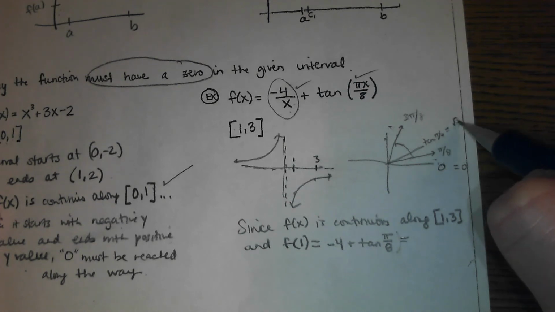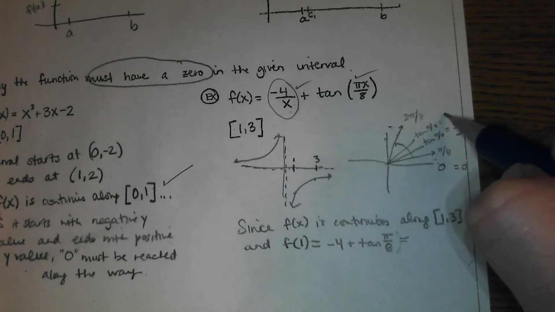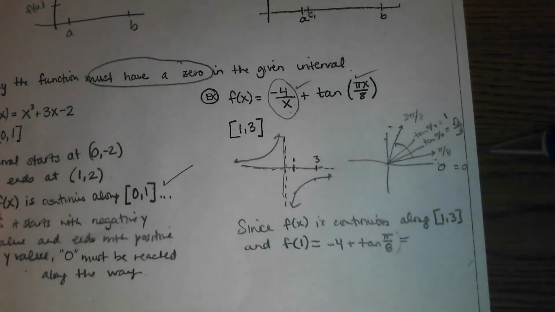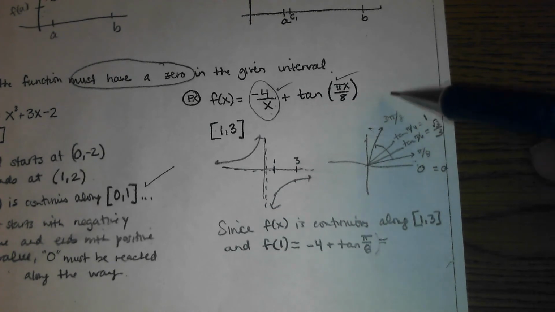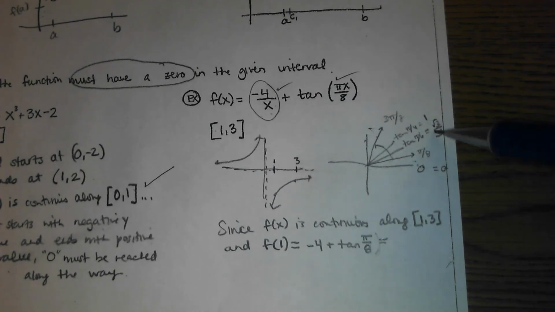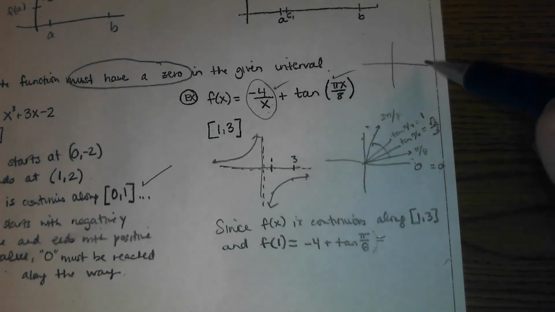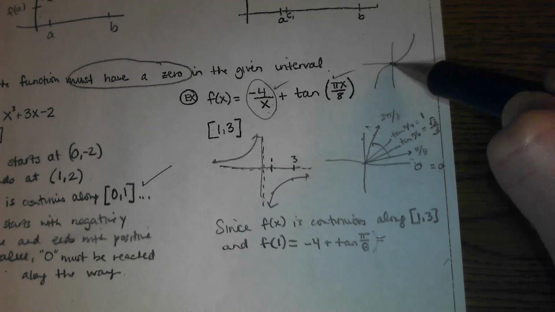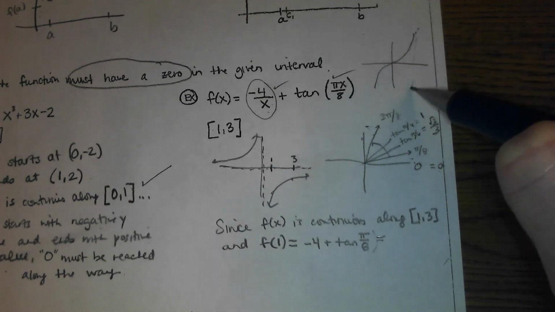Root 3 over 3. And the tangent of pi over 4 gives you 1. What is happening to the tangent values as you climb? How are they changing? Say it out loud. Increases. Tangents increase indefinitely. If you don't like the values, think about what your tangent does from 0 to pi over 2. It increases indefinitely until it gets to pi over 2.